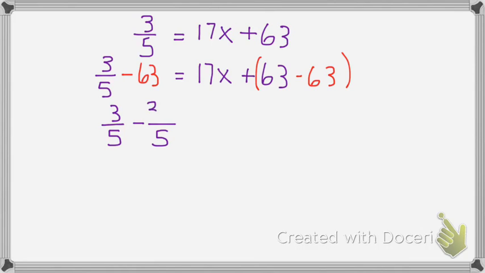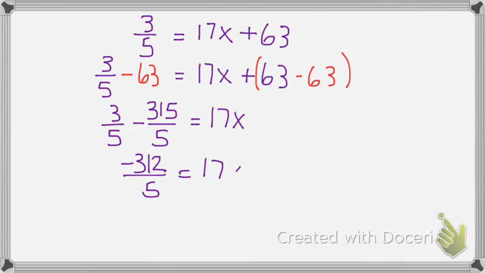So this is 315 fifths. And that is all equal to 17x. So let's straighten that out. So 3 minus 315 would be negative 312 fifths is equal to 17x.